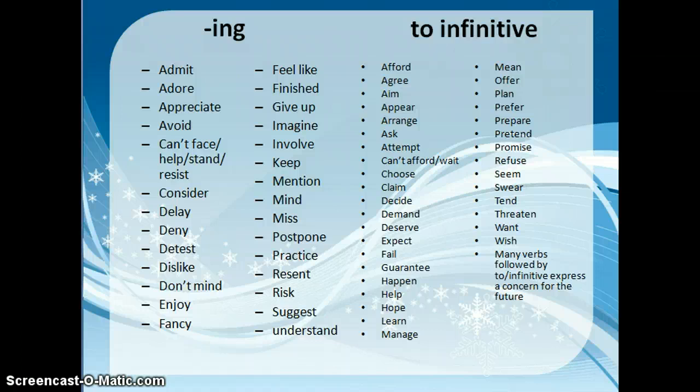So for example, after admit, adore, appreciate, avoid, can't face, all the way up to understand, the verbs will always be followed by a verb in ing. Whereas for many verbs followed by to, concerning the future, for example want, wish, agree, plan, they're followed by to and the verb in infinitive.